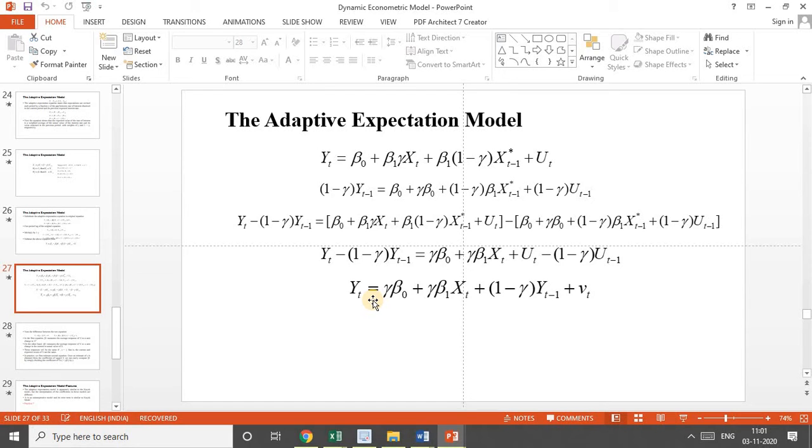So this is basically an autoregressive model. Today we are going to discuss how we can numerically estimate this model, derive gamma, beta 0, beta 1, 1 minus gamma, and interpret the result. For explaining these things, let me take some data.